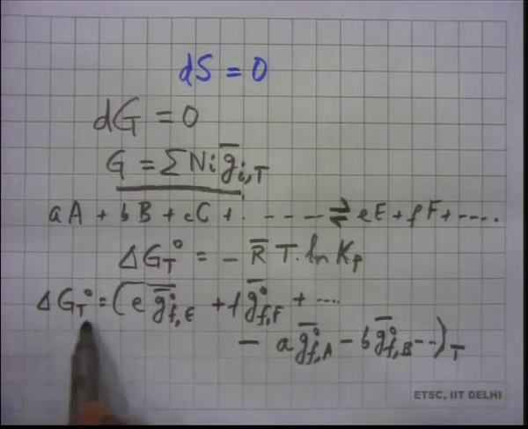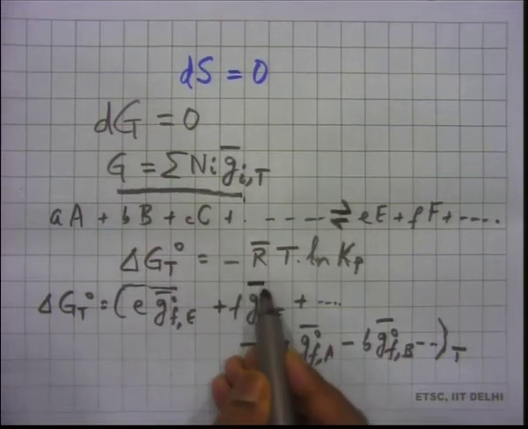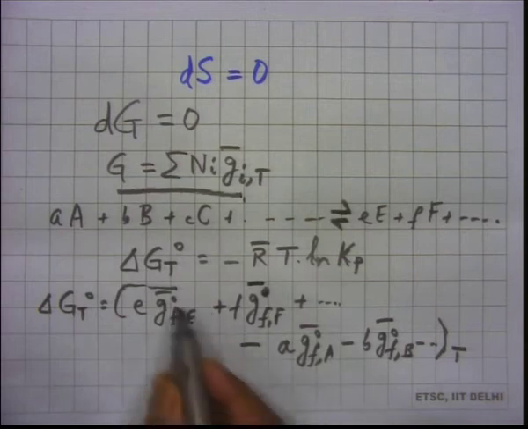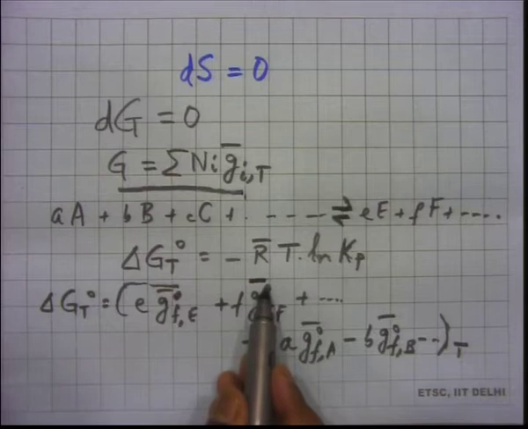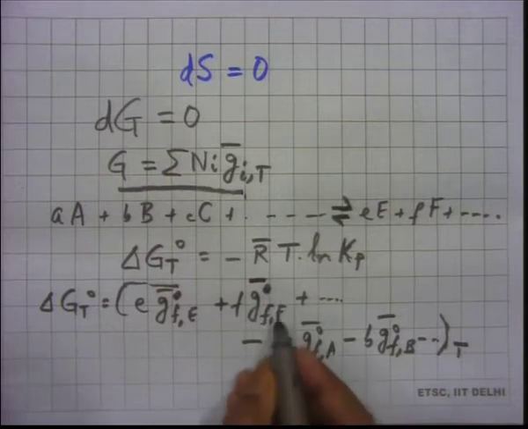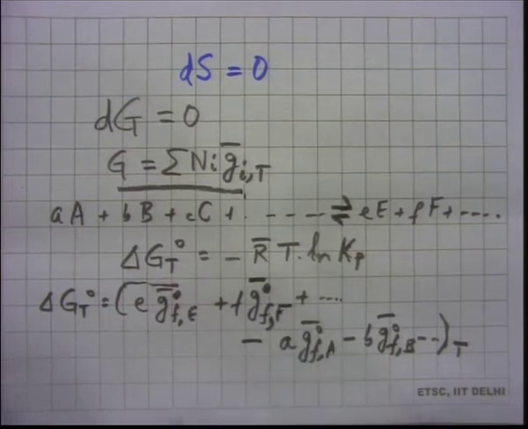It is a standard state Gibbs function change, and you have also the small g terms here. So, small g now has this 0, small 0 on the top, it has a small f here, and it has, let us say this one, it has a capital F here, right. So, what are these? Let us carefully look at these.